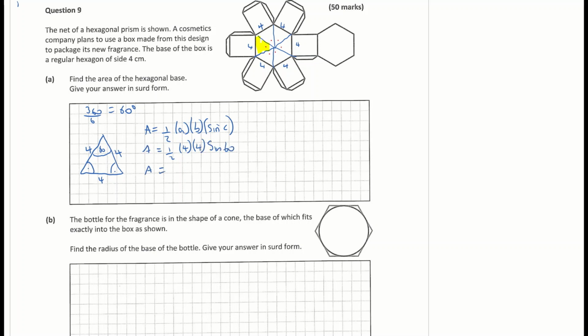So that's getting me 4 root 3 for one of them. Now we have 6 of these triangles, so therefore total area will be 4 root 3 times 6, which is 24 root 3 centimeters squared. That's the area of the base of the box.